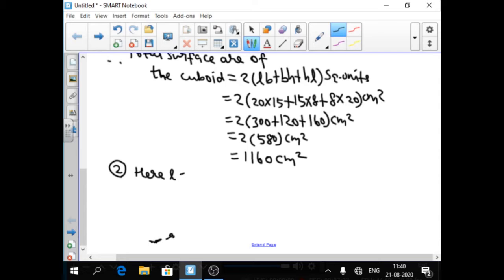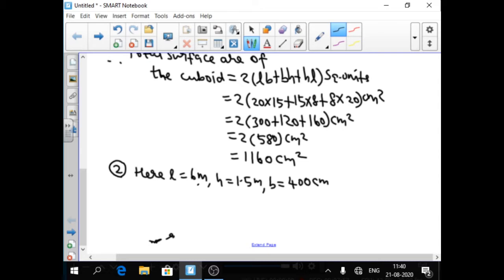Length of the cuboid box, length is equal to 6 meter. Height is equal to 1.5 meter, but breadth is equal to 400 centimeter. You know that the measurements must be the same. So 6 meter and 1.5 meter, but breadth is 400 centimeter.